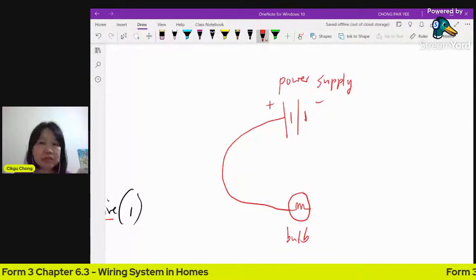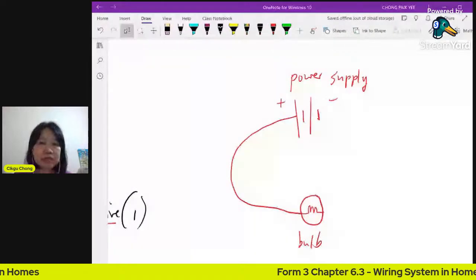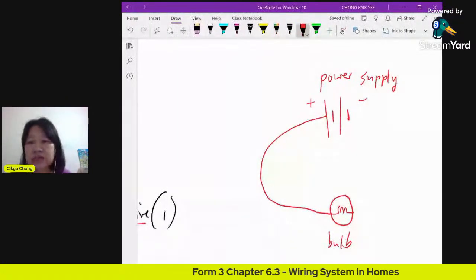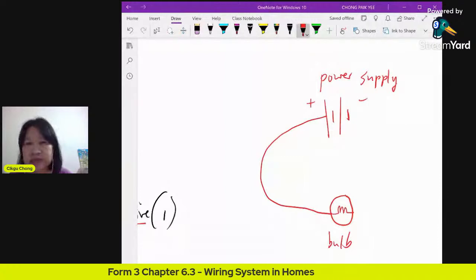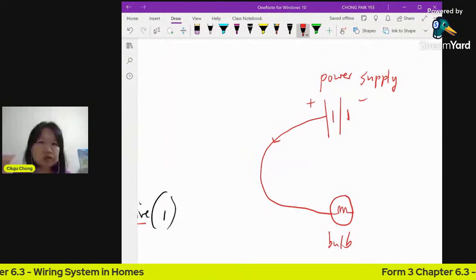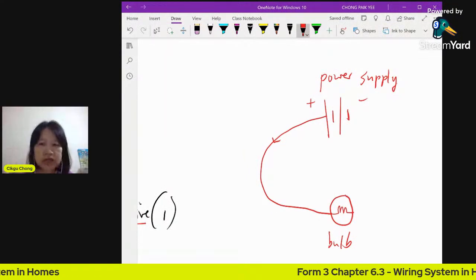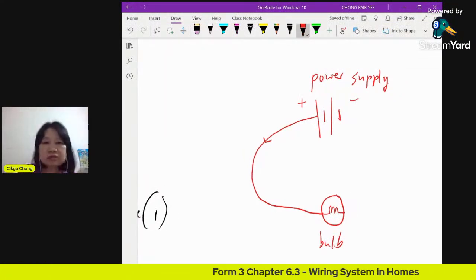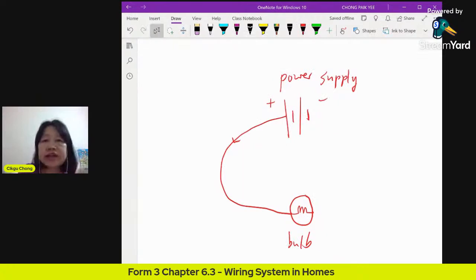Can you put in the chat box? I've got electricity coming. This is positive, and current flows from positive to negative. If I connect my battery to my bulb like this with one wire, will it light up?